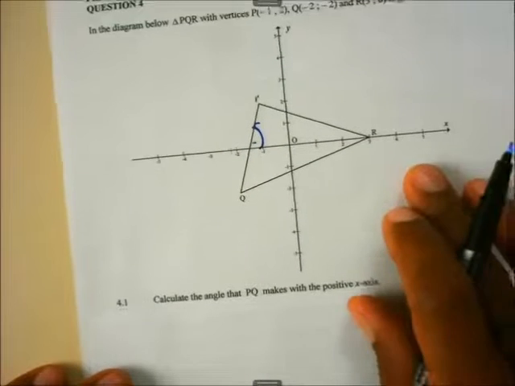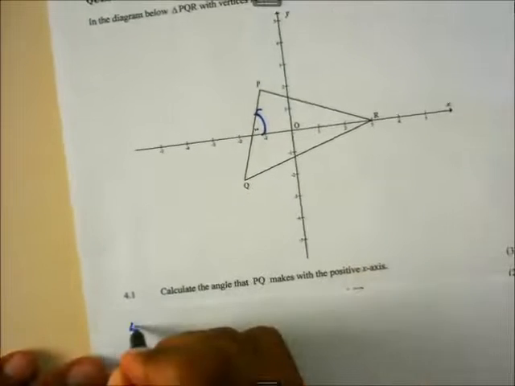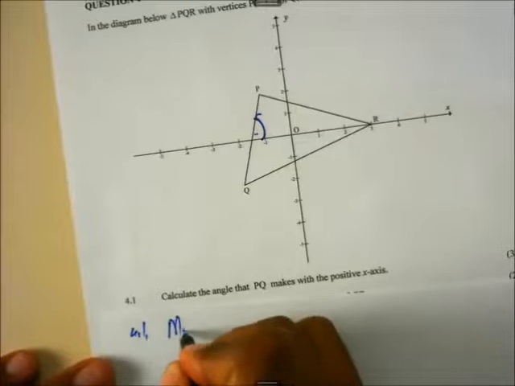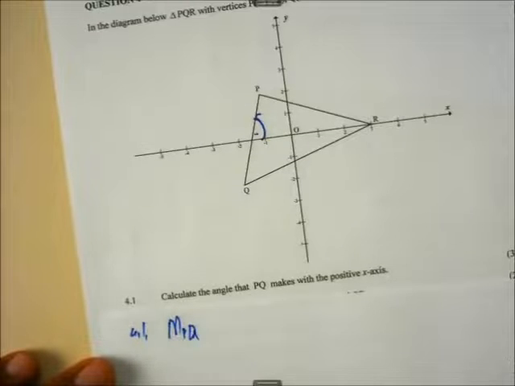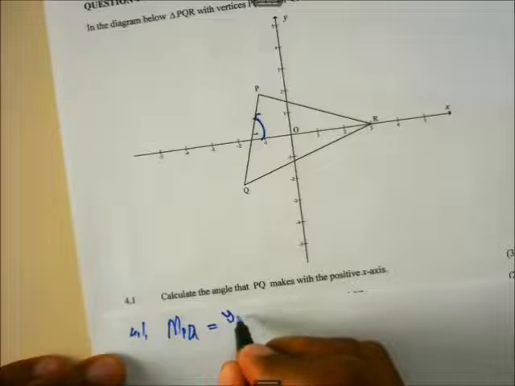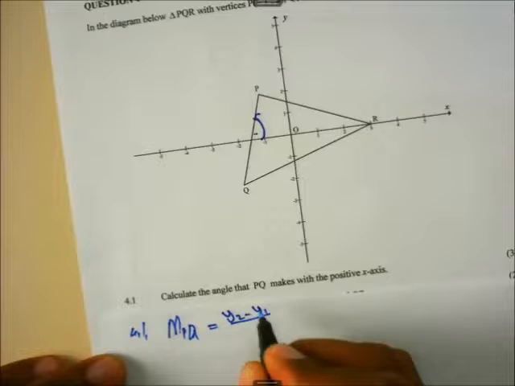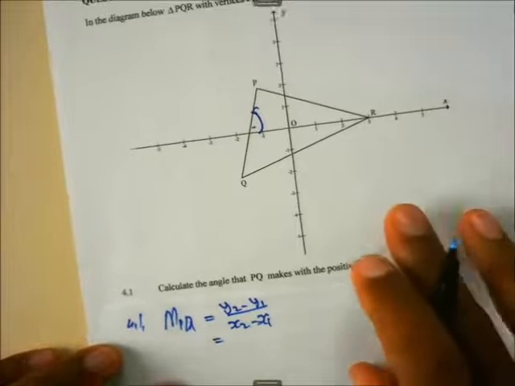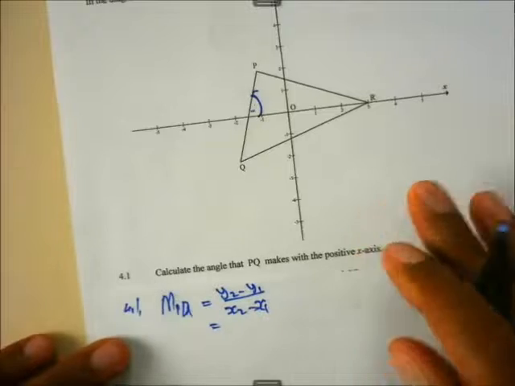Of course, it means first of all we need to have the gradient of PQ. What is the gradient of PQ there? That is, of course, y2 minus y1 over x2 minus x1. Good. Now we need to check.